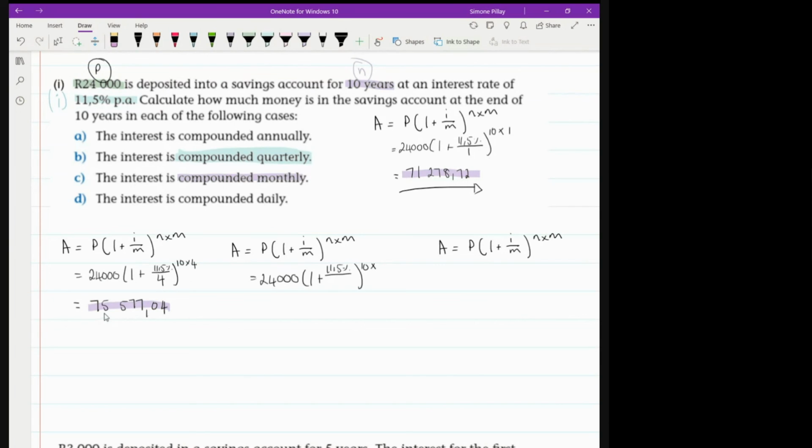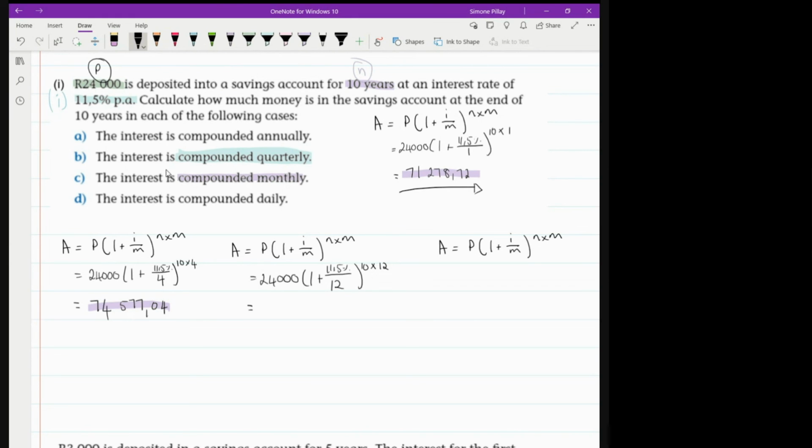If we say we're compounding monthly, what is my m? Thank you, guys. That is going to be 12. Now let's do this calculation and let us see what is the amount we are getting here. I love that you guys are doing the calculations. It makes me super, super happy.